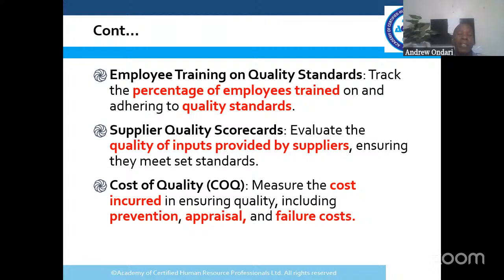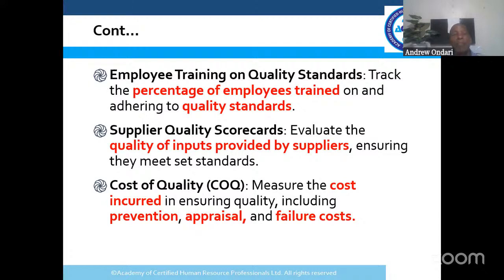There is a certification on quality. I guess some of us are aware of it. So if we are quality certified, then we should make efforts to ensure that we maintain the quality standards for which we were certified. So through quality training, we are able to identify those areas that are not up to standard and improve them.